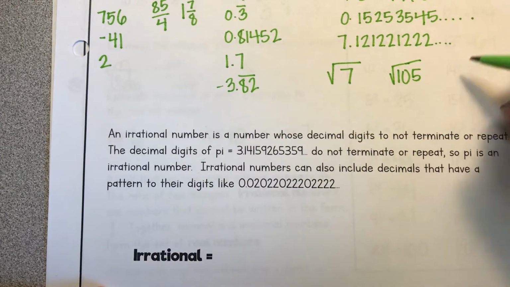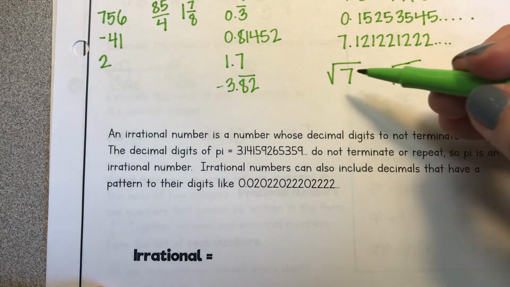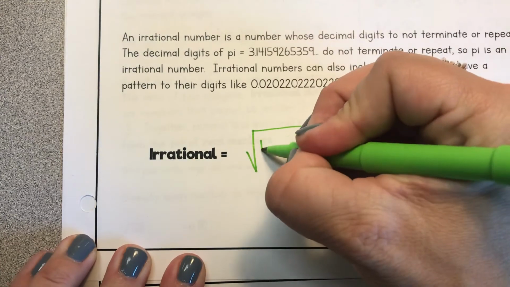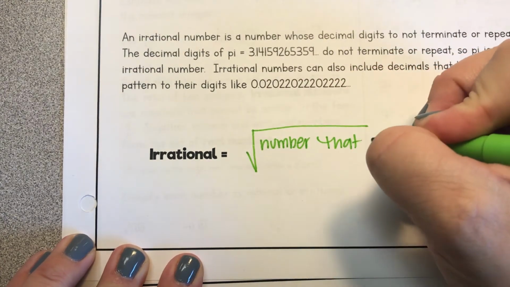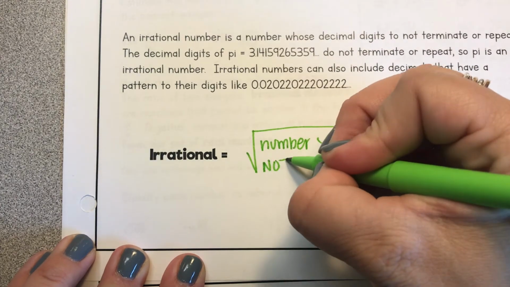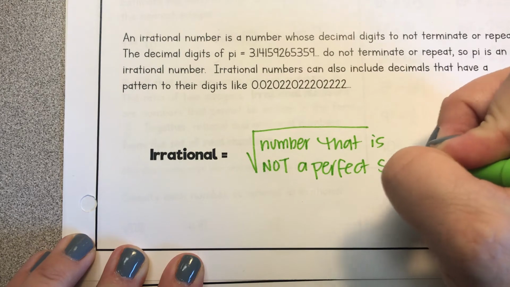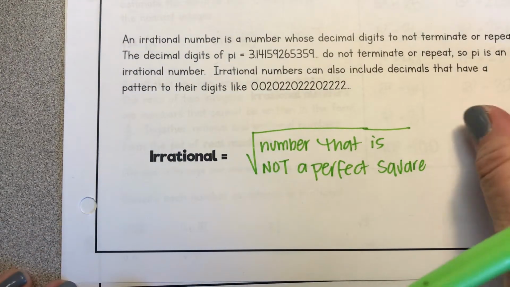That's not a perfect square. The square root of 85, not a perfect square. So if it is a square root of a number that is not a perfect square, it's going to be irrational.